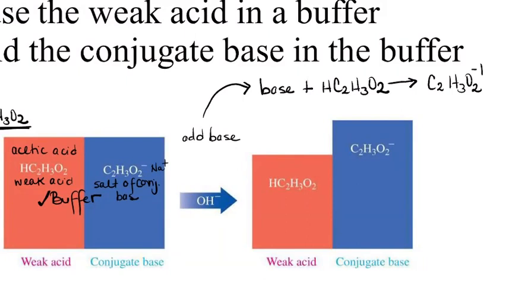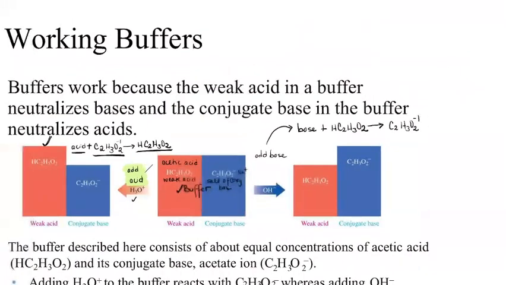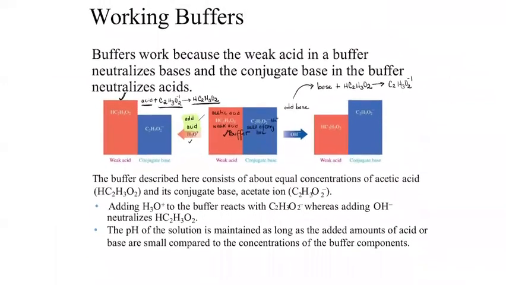And that's because the weak acid is getting used up by the incoming base in order to resist those changes of pH. So as you can see, overall, what's going to happen is that there's going to be acid-base reactions, okay, that are going to neutralize the incoming acid or the incoming base in order to resist these changes of pH. And that's basically how a buffer works, okay?